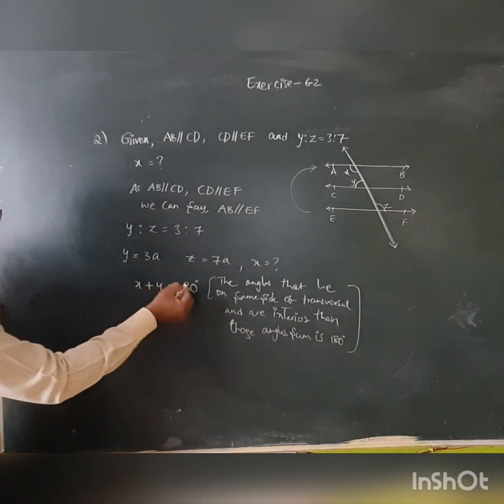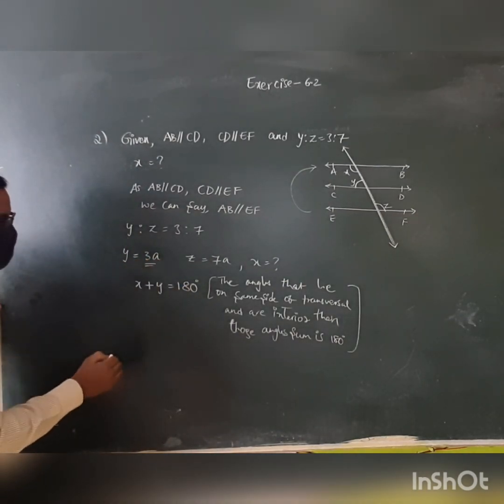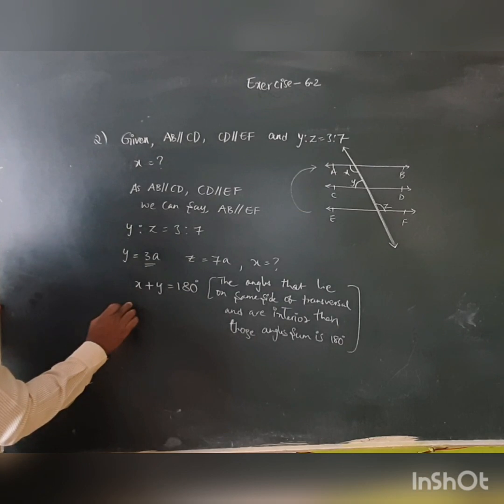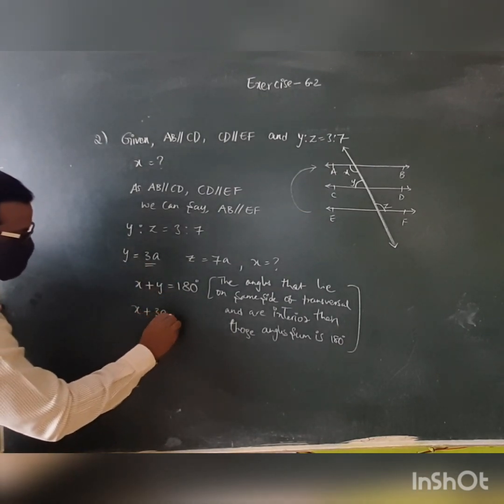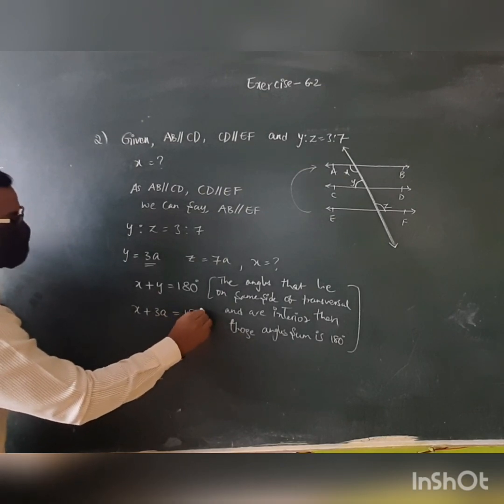So x plus y equal to 180. As we know the y value is 3a, x plus 3a equal to 180 degrees.